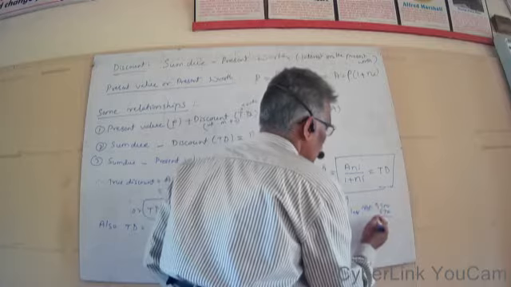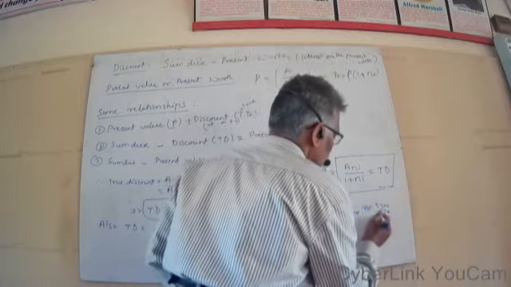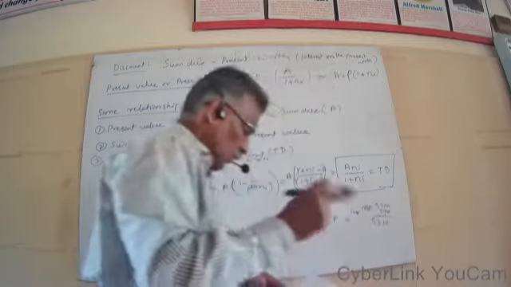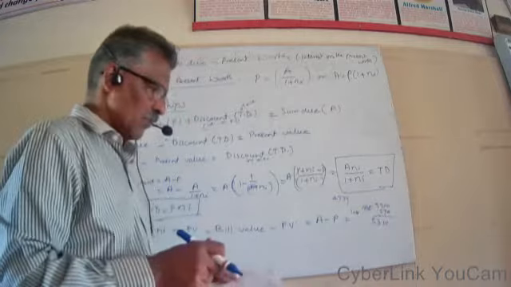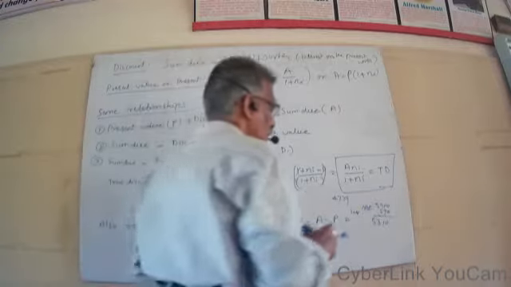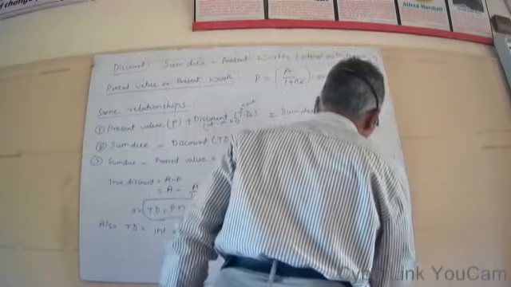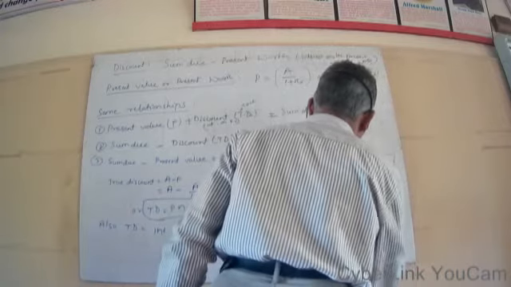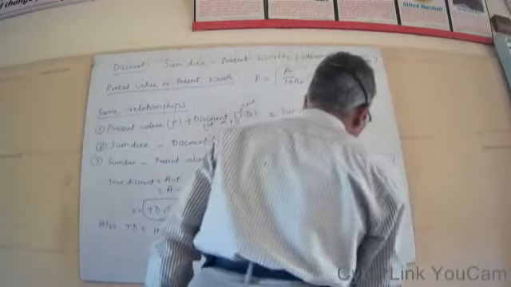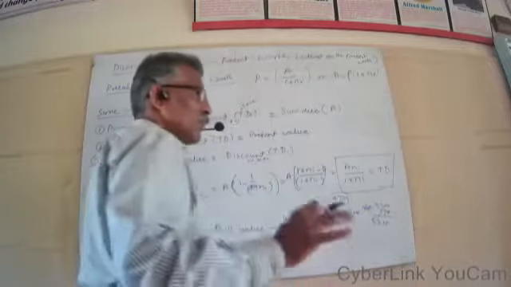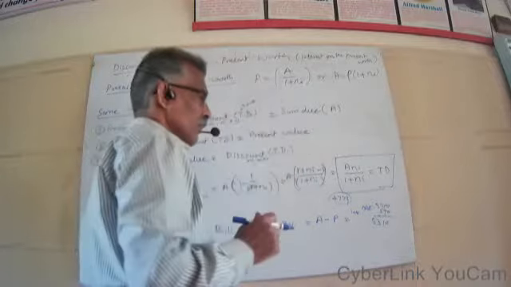For the first discount the selling price was 5,310, but he gives one more discount, the off-season discount. After the off-season discount, the actual selling value is this. So the difference between these two gives you the actual discount value.